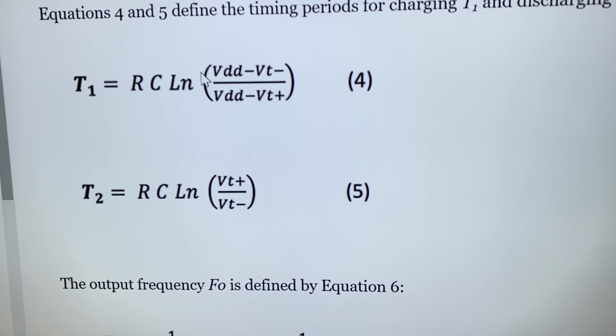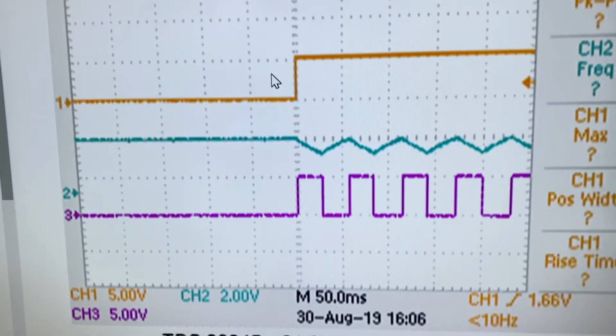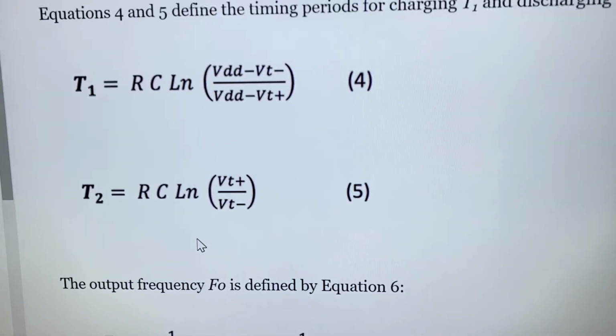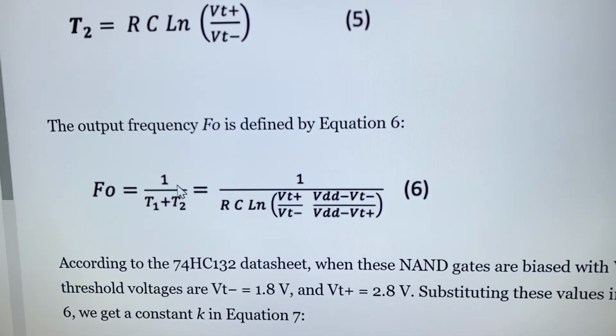So the equation for T1 considers the VT negative because it is discharging from VT positive to VT negative, but VT positive is the initial charging voltage, and this is the voltage, the final discharging threshold point. Okay, and the output period is the sum of T1 plus T2.